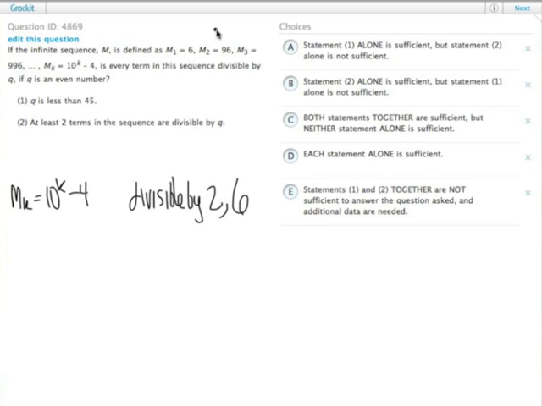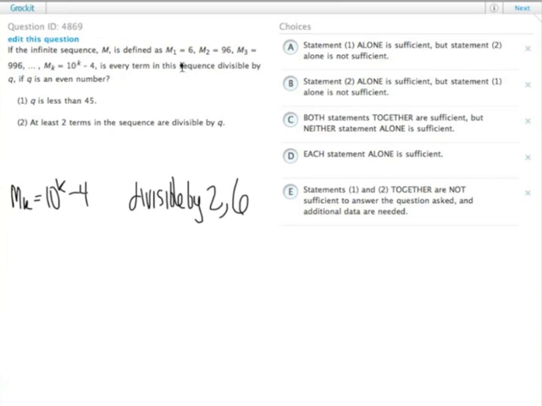Because this one's divisible by 6, this one's divisible by 6, and they're all going to be powers of 10 minus 4, so it's just going to be more and more 9s ending in a 6 the bigger the number gets, and all of them will be divisible by 6. So we know it's divisible by 6.